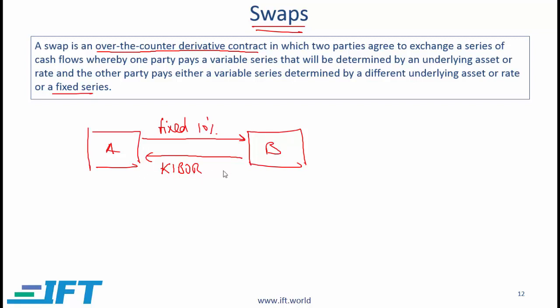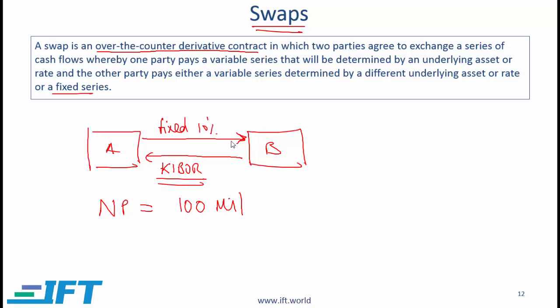This is an example of a swap, but obviously more information needs to be specified. We need to specify the notional principal, which is the amount on which the actual interest payment will be calculated. If the notional principal is 100 million, this means that party A will pay a fixed rate of 10% of 100 million and party B will pay based on CIBOR.